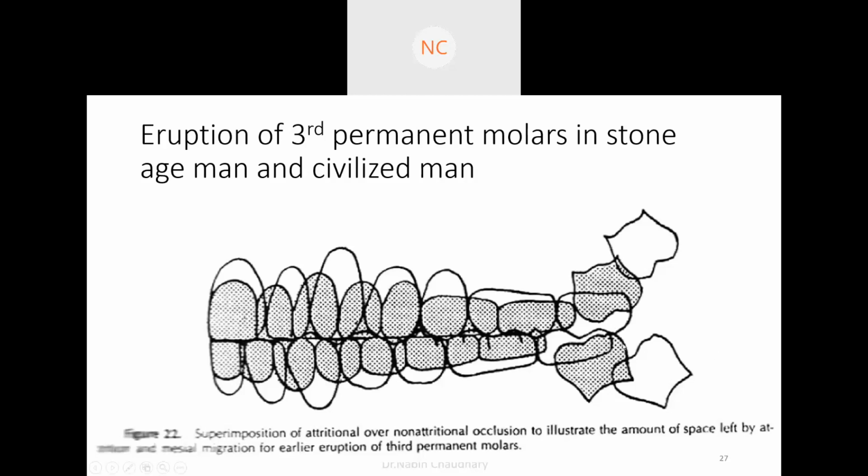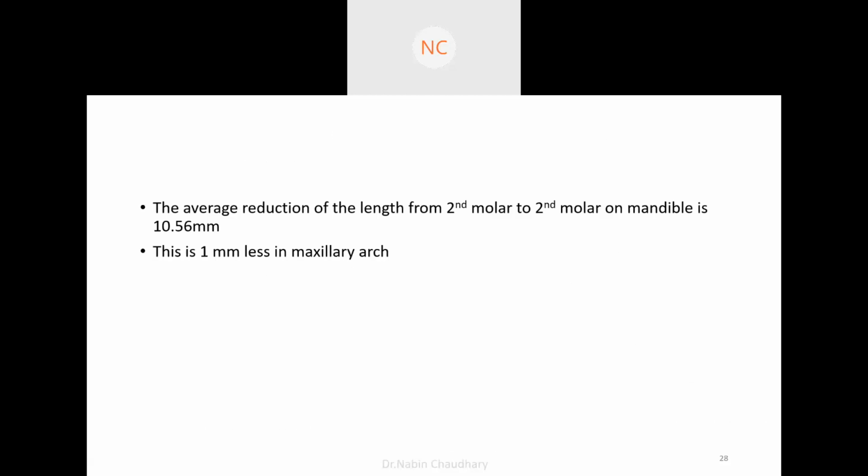So this is the superimposition of the attrition over the non-attritional occlusion to illustrate the amount of space that was created for the eruption of the third molars. So the average reduction of the length from second molar to second molar in case of the mandible was found to be 10.56 mm, and this reduction was 1 mm less in case of the maxillary arch.